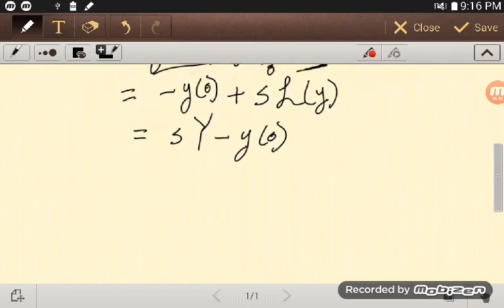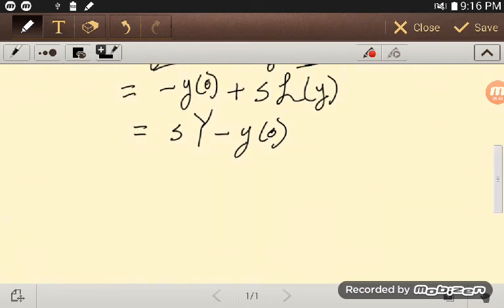Now, if you continue that, if I can do it with one derivative, why can't I do it with two, and do more of these and just keep using integration by parts?